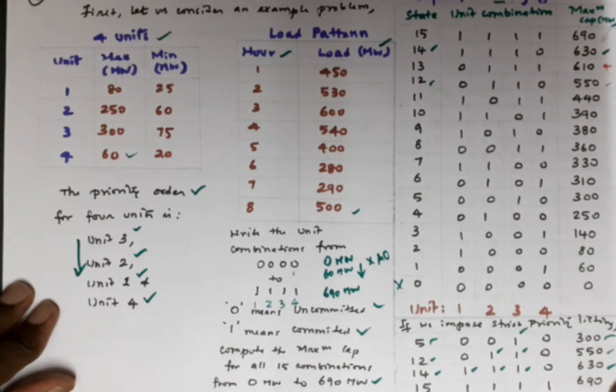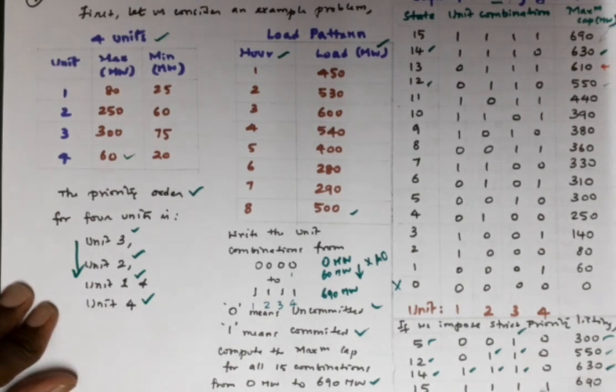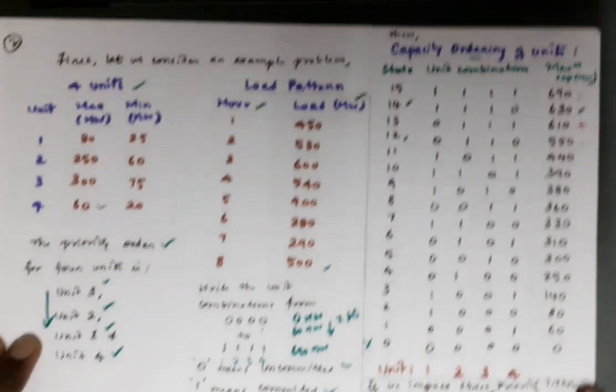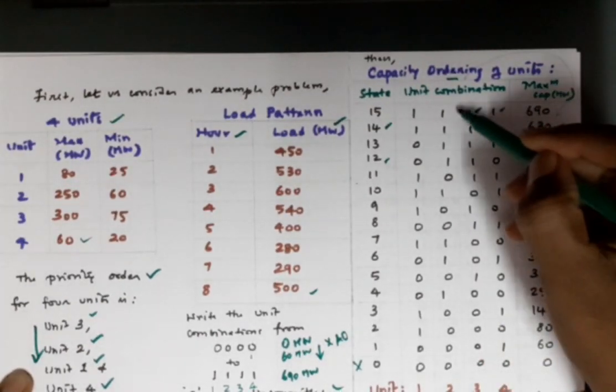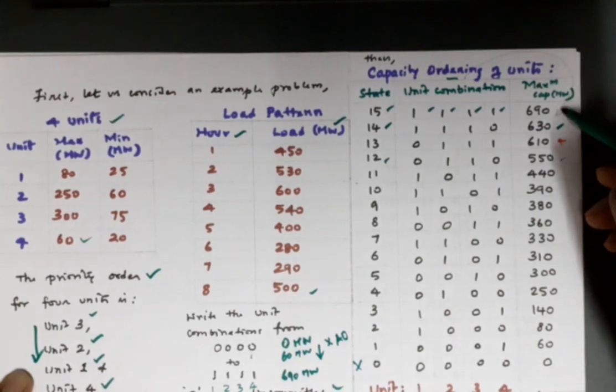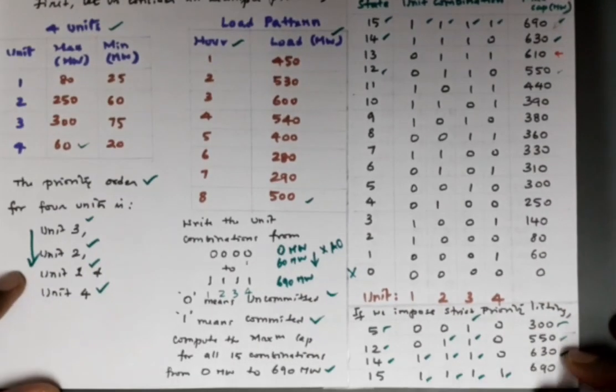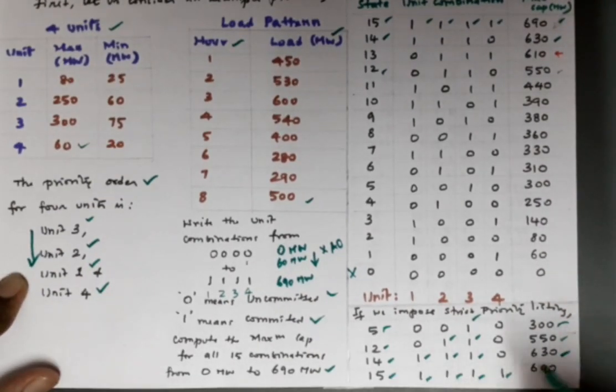So similarly, if you are committing all this, 3, 2, 1 and then 4, you can see here, if you are committing all the units, it is going to be state 15 and the maximum capacity is 690. So if you commit all the 4 units, the state is 15 and the maximum capacity is 690.